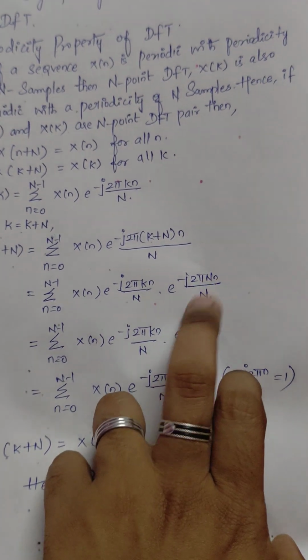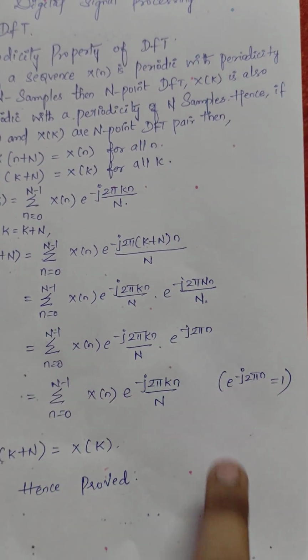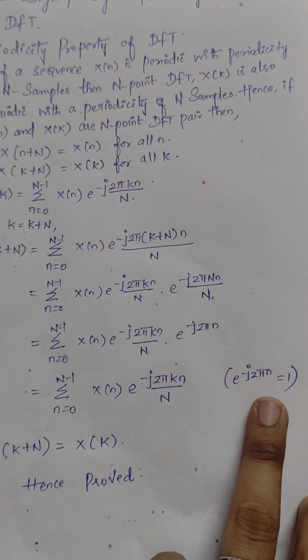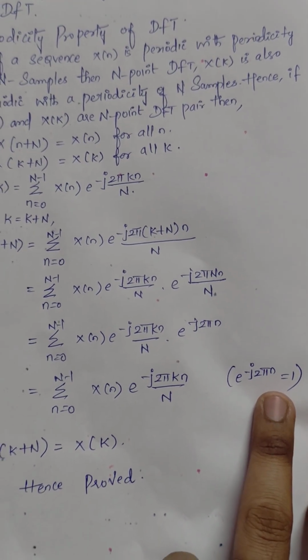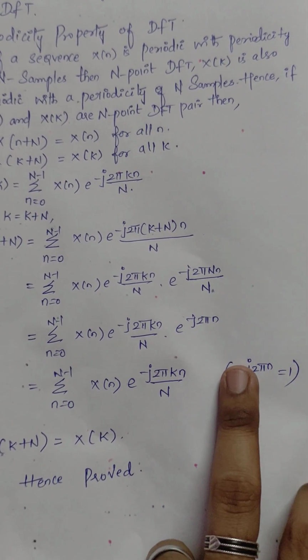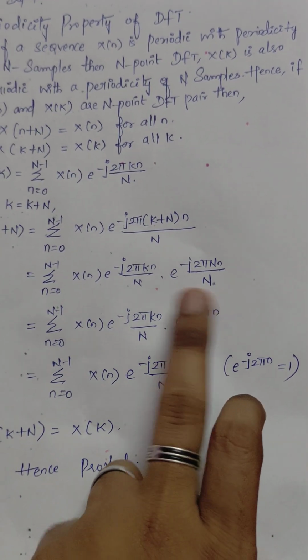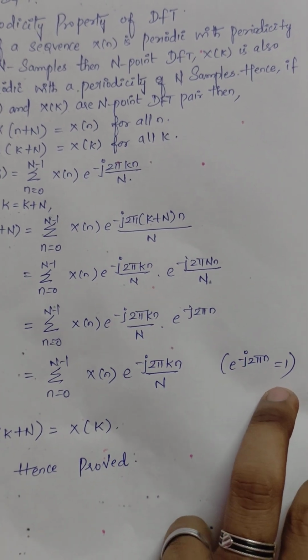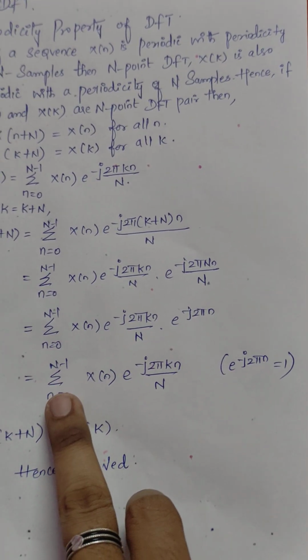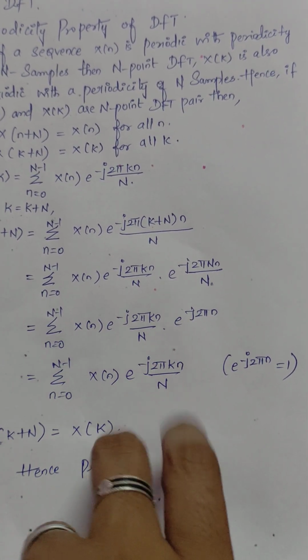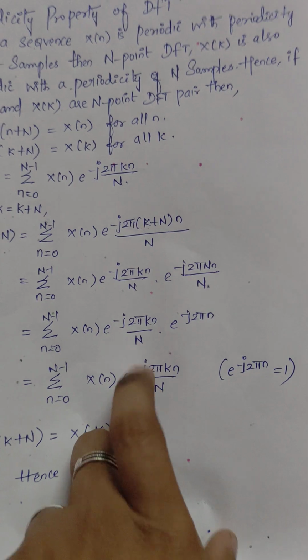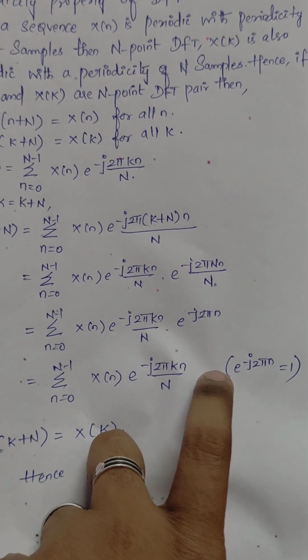The previous capital N gets cancelled. So e power minus j 2 pi n value is equal to 1. Now replace this value with 1. Now summation n equal to 0 to N minus 1 x of n e power minus j 2 pi k n by N dot 1.